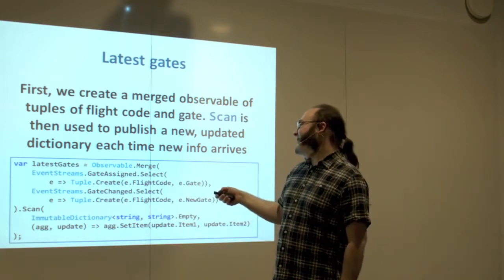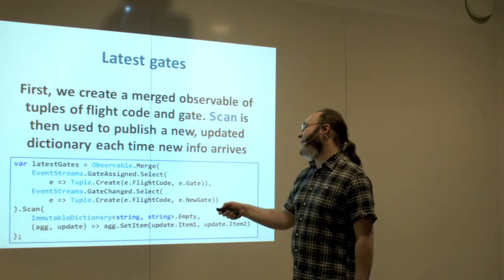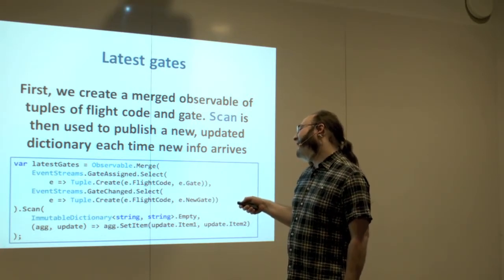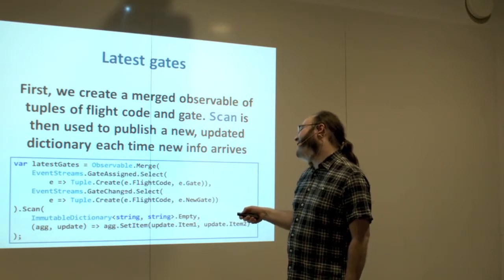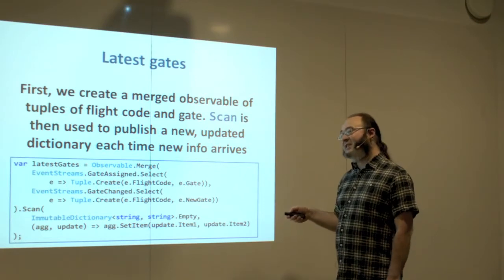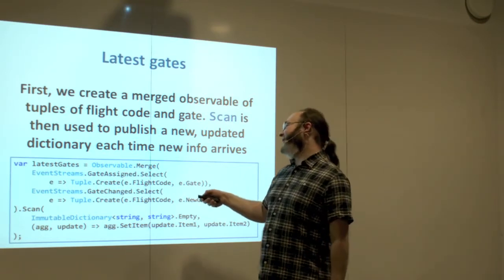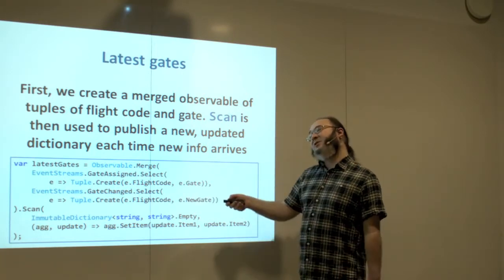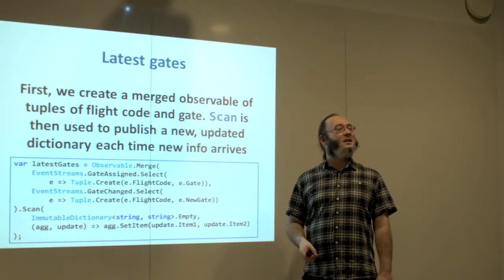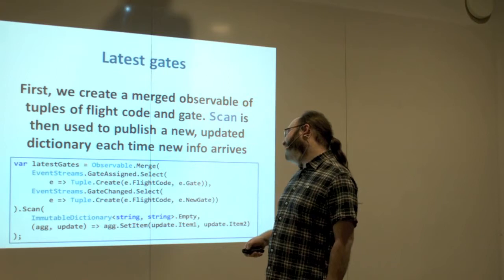So what I'm going to do is take the stream of gate assigned, and then project it out to a tuple. And then I will take the gate changed, and those will be projected out to a tuple. And now you'll notice that these two have exactly the same type. So I've taken these two events and turned them into a flight code and a gate number. That means I can merge them because they're the same type. What I can then do is use scan.